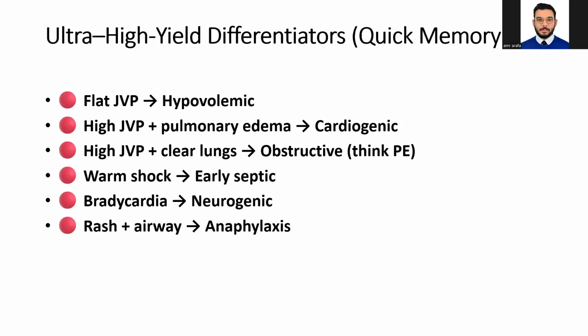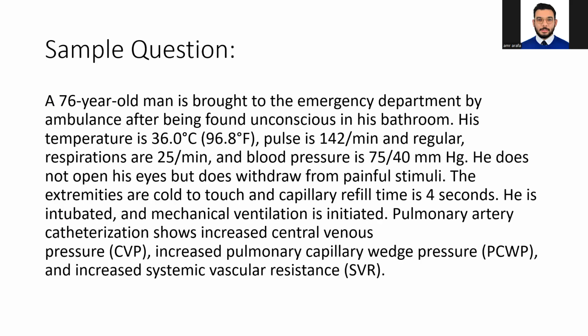Obstructive: you have someone who's got clear lungs, which means there is no pulmonary edema, and a high JVP, which means there isn't adequate drainage to the right side of the heart. That's basically a right-sided heart problem. You have to think in terms of an obstruction, like PE. Warm shock, that's septic. Bradycardia, neurogenic. Airway issues, rash, wheezing, angioedema, any of these words, that's anaphylactic.